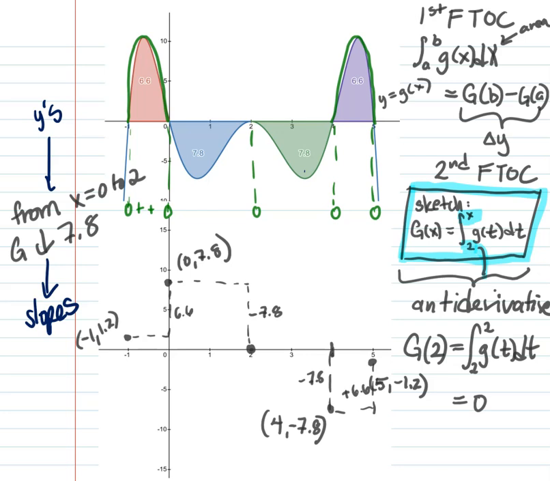In between -1 and 0, the y's are positive. In between 0 and 2, those y's are all negative. Again, negative between 2 and 4, and then positive. And then out at the ends, it's just a tiny piece, but I shouldn't leave it off. We had negative. So down below, I'm going to start with decreasing, flat, increasing, flat, decreasing, flat, decreasing again, flat, increasing, flat, and then decreasing.